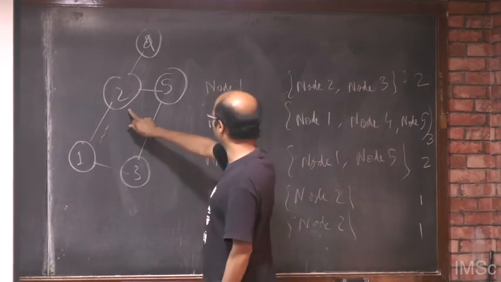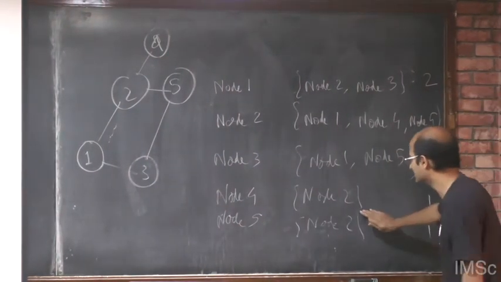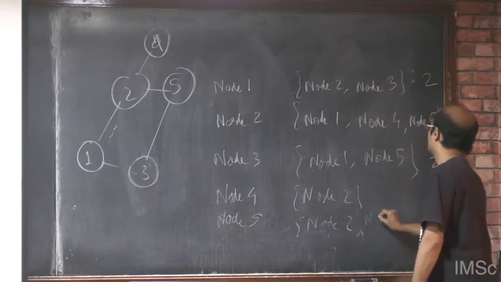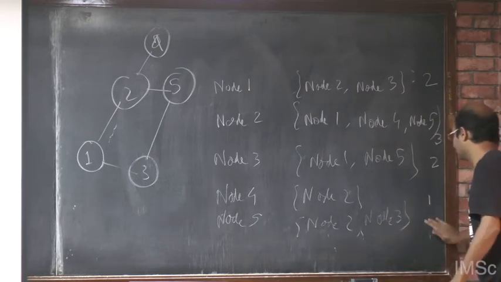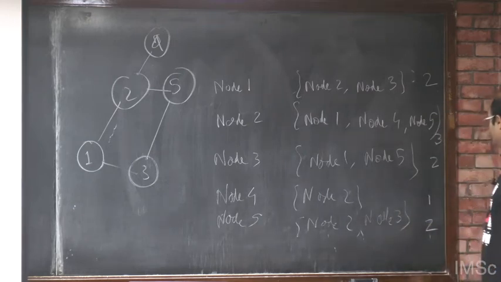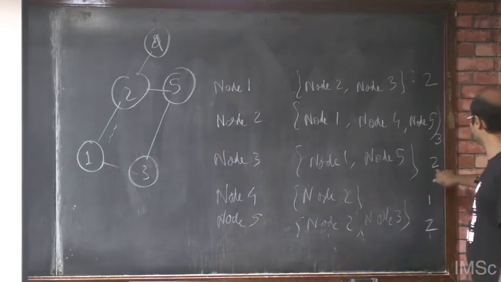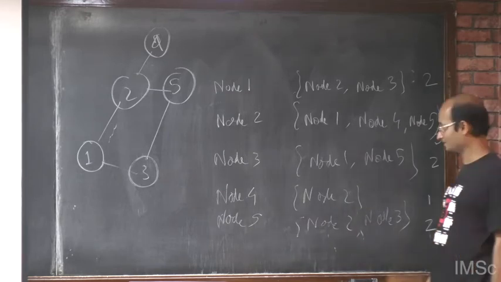Node 5 has node 2 and node 3, so it has a degree of 2. So you know the degrees: they are 2, 3, 2, 1, and 2.